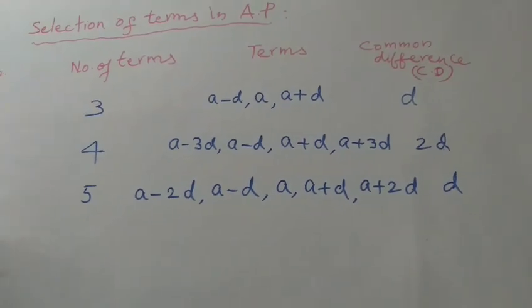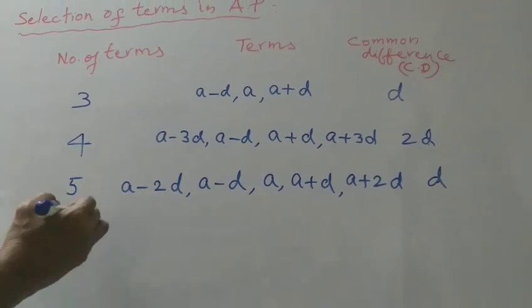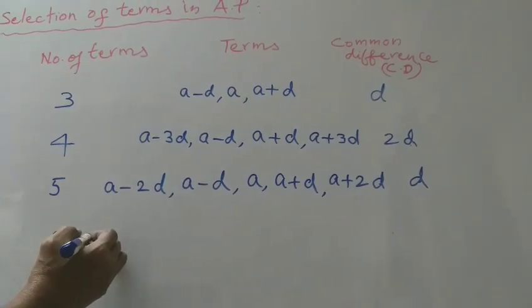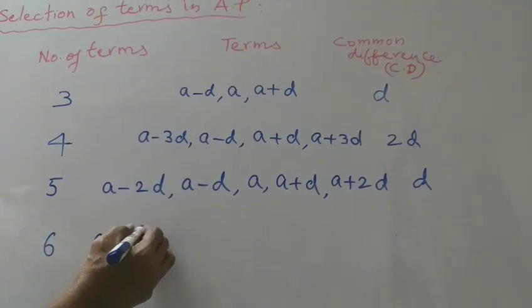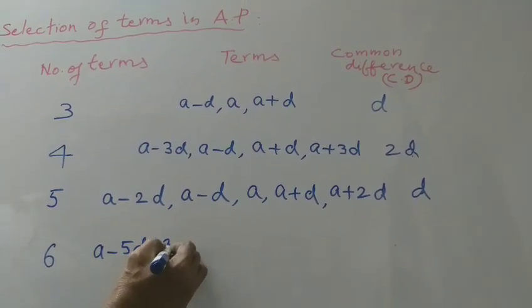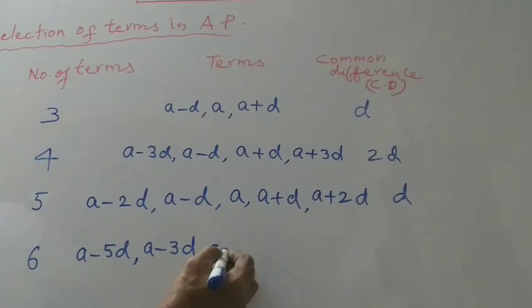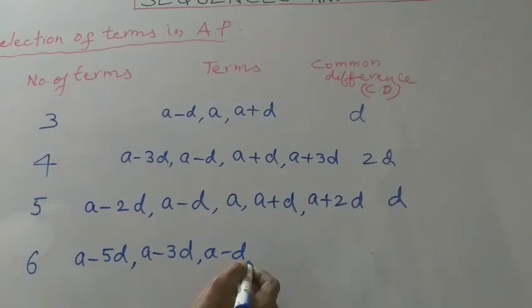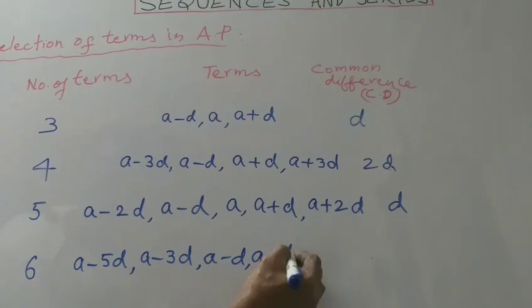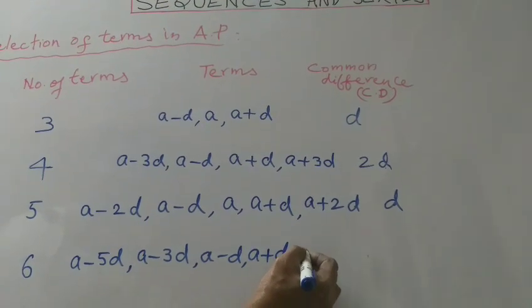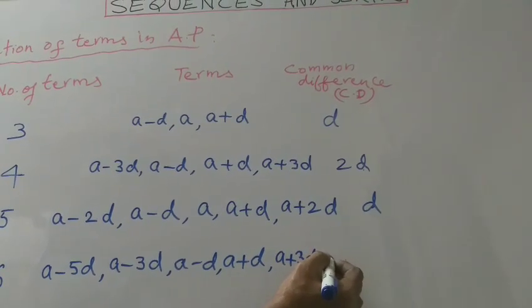Next one, number of terms 6. The 6 terms are a minus 5d, a minus 3d, a minus d, a plus d, next a plus 3d, next one a plus 5d.